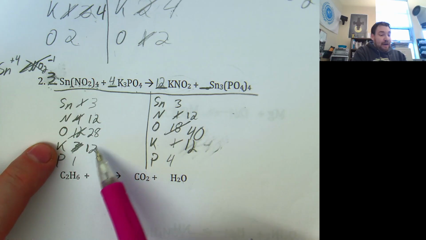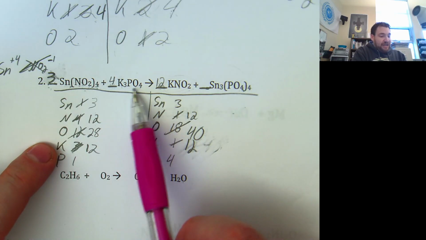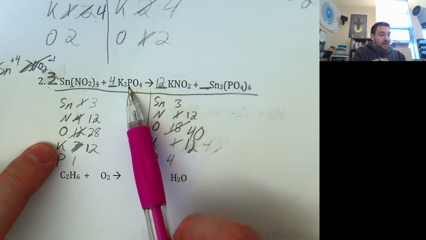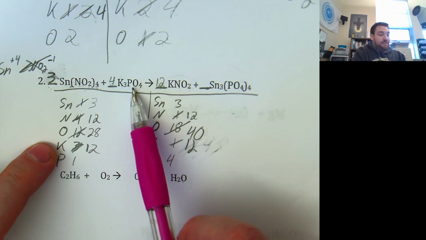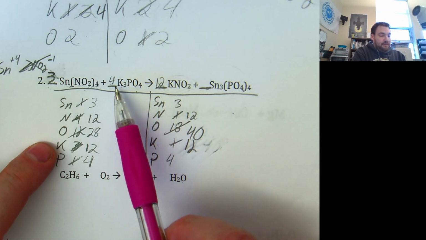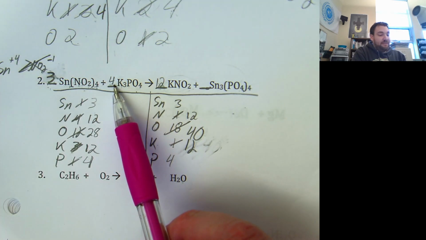But now I've got to go count everything I've just changed. I changed the potassiums. So I changed the phosphoruses as well. How many phosphoruses do I have on the left-hand side now? I've got 4 phosphoruses on the left-hand side. And now how much oxygen do I have on the left-hand side? Total.